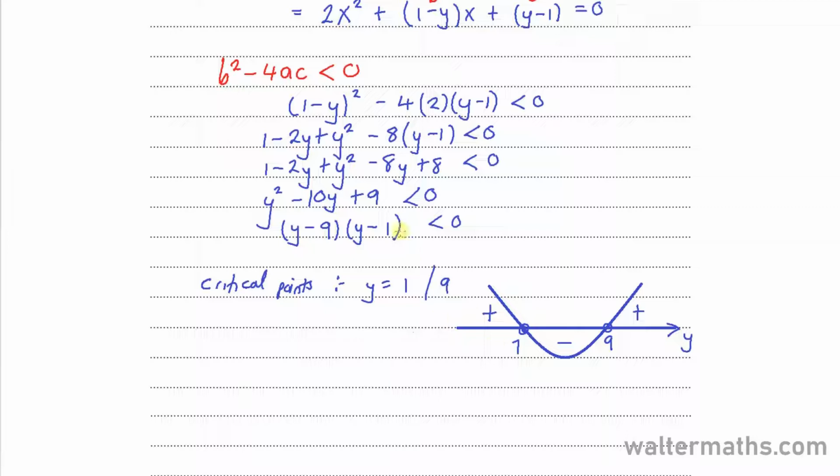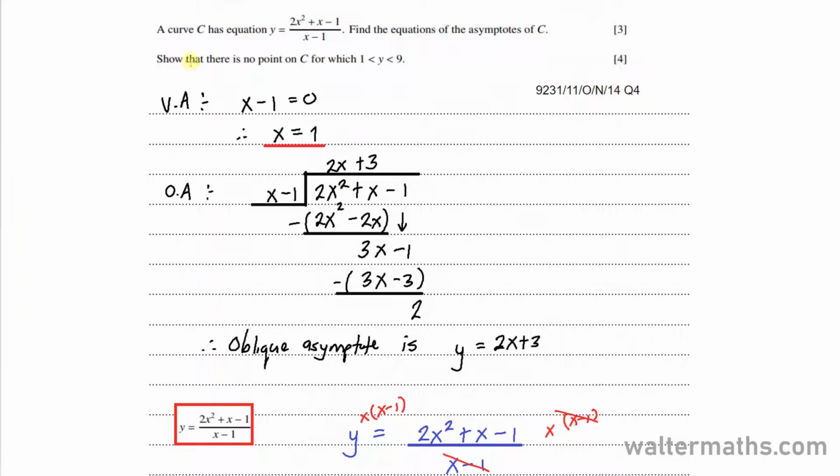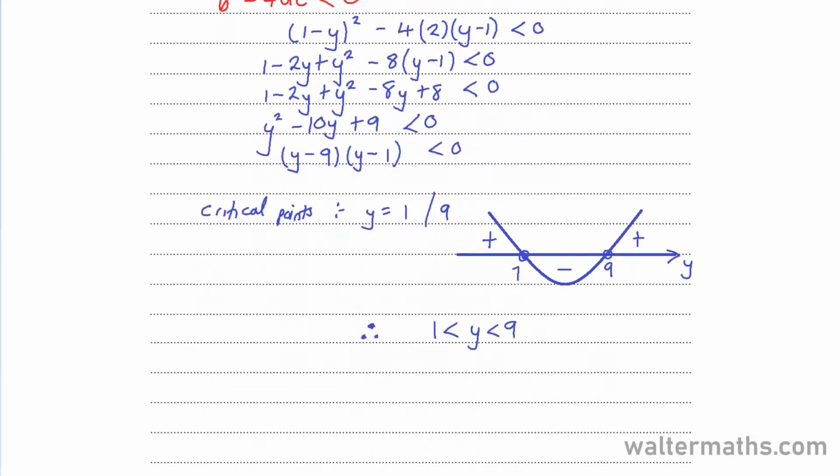Okay, so for less than 0, that's negative. The set of values satisfying the inequality is therefore the set of values of y that are between 1 and 9. And that answers the part where they say show that there is no point on C for which y ranges between 1 and 9. And that's what we have obtained here. So we can say, hence shown.